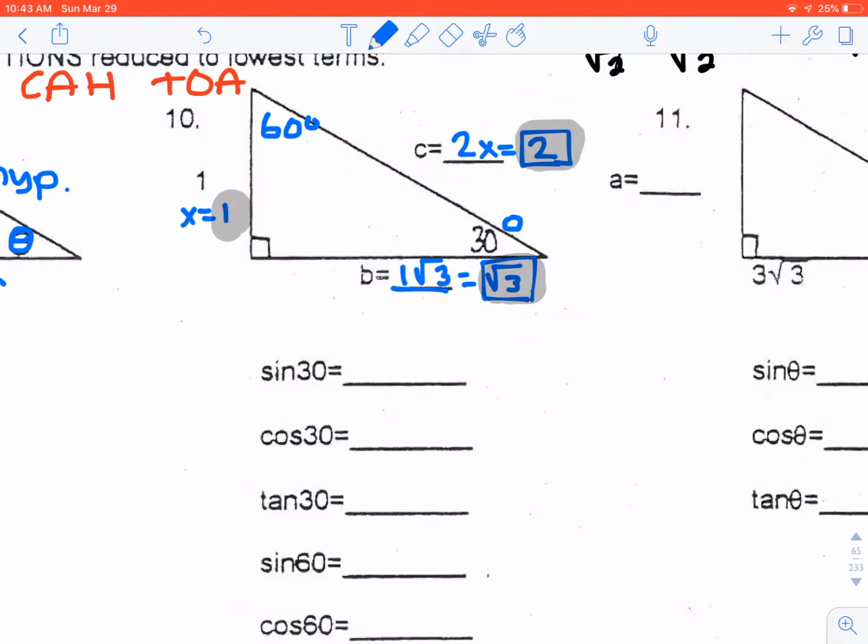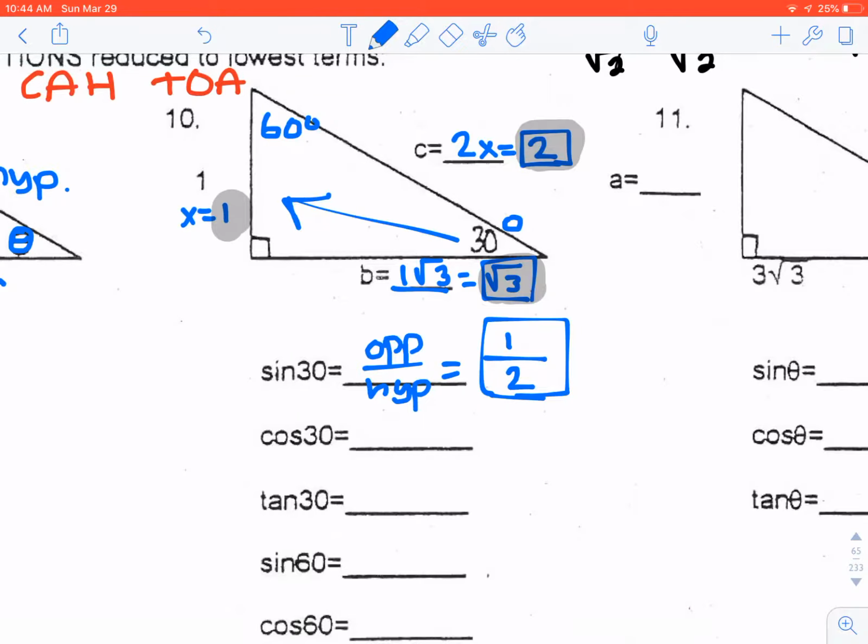Looking at our 30 degrees, sine is always opposite over hypotenuse. The opposite of 30 degrees is 1, and remember our hypotenuse is 2. So our reduced fraction is 1/2. And if you want to label your adjacent, opposite, hypotenuse, you can.